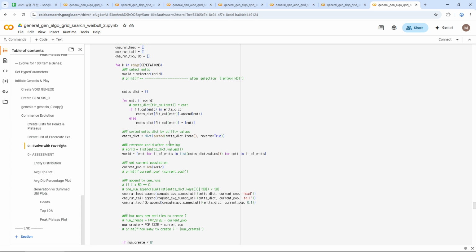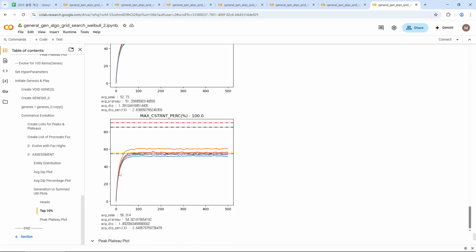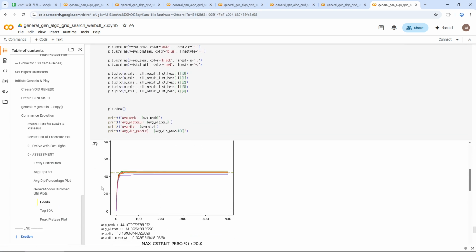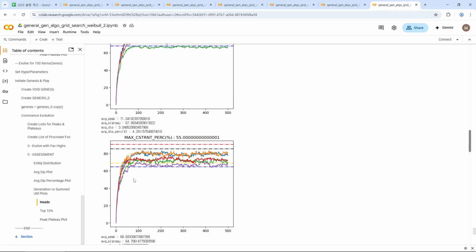The innovation stops because there are no procreations amongst the top entities, and the overall performance or the evolution stops quite quickly, and there are no breakthroughs, rather.